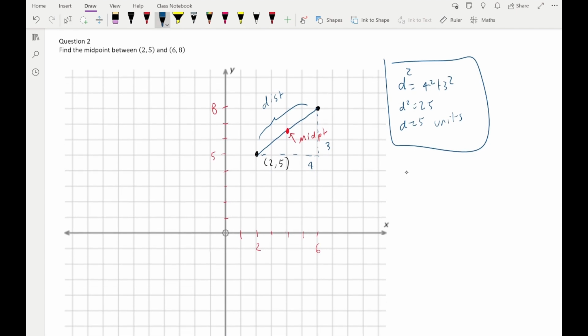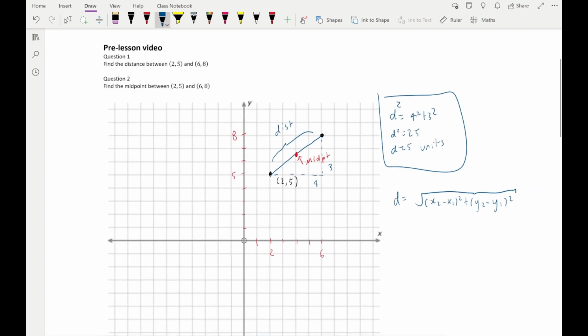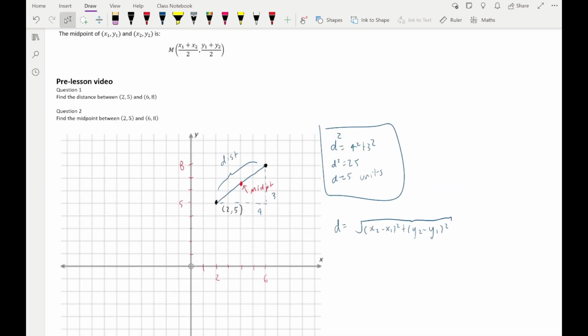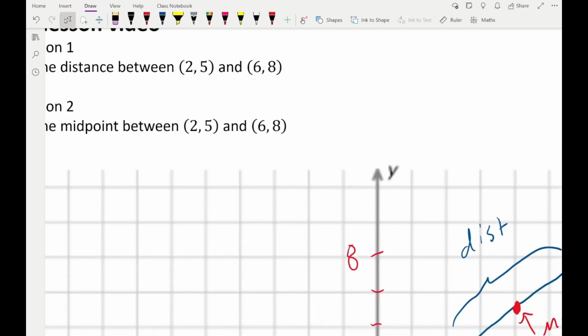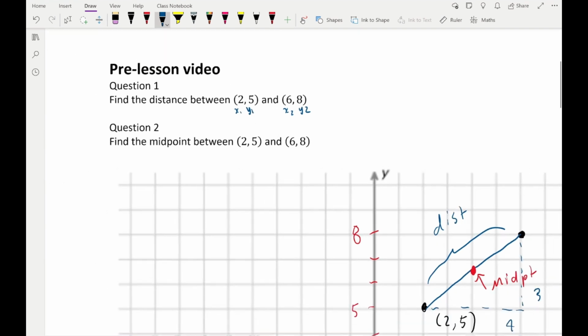So what we get is the distance equals the square root of (x2 take x1) squared plus (y2 take y1) squared. In our case, we've got to label our points. So this will be x1 and y1, and this will be x2 and y2, just like that.